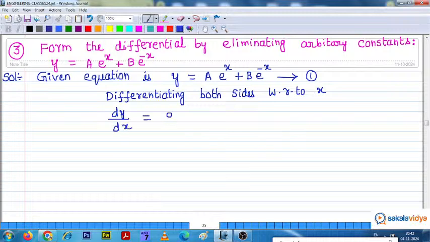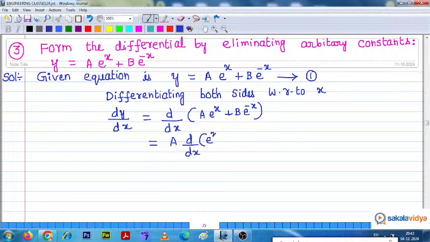Next, d by dx of a times e power x plus b times e power negative x. In order to differentiate the right hand side, we have the u plus v rule in differentiation, the sum rule also we can say. d by dx of u plus v is equal to u dash plus v dash. So now this can be written as a times d by dx of e power x.